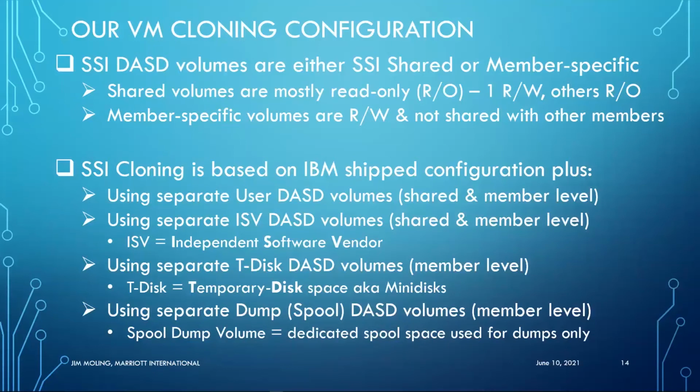Versus a member-specific volume, it's only going to be available and seen by user IDs of a particular SSI member, right? So if it's for member A, Jim on member A can have a disk on it. Jim on member B is not going to see it, not going to have anything to do with it.